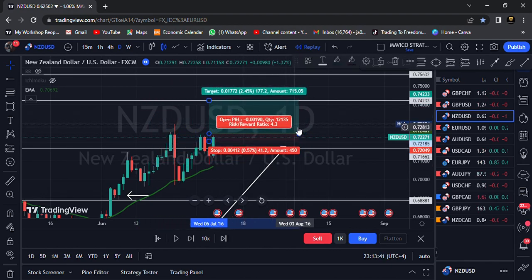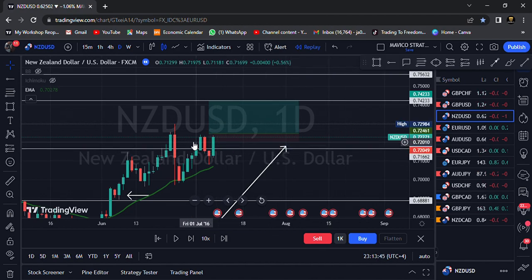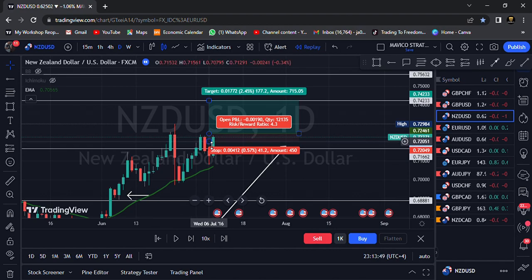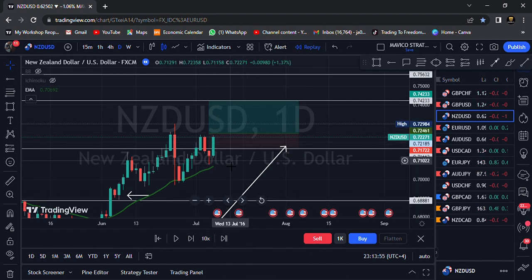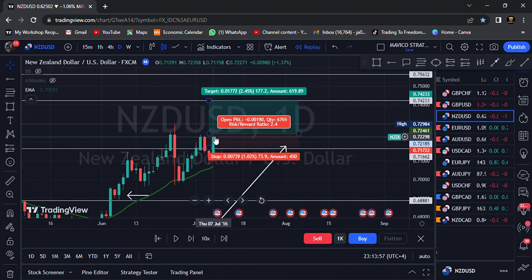So you cannot put a buy stop here because it's not a clear traditional signal. We are just gonna look again. If there are more indications, then we can enter.